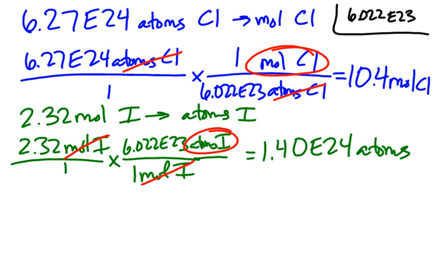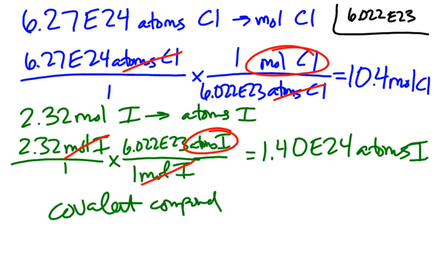Okay, now if some people are wondering, well, when is it atoms, when is it molecules? It depends on the substance you're looking at. In both of these cases, I used chlorine, I used iodine, so I used atoms. If I use any sort of covalent compound, or even not a compound, just a covalent molecule, I would use molecule.